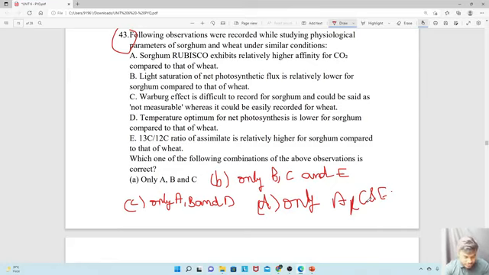Has everyone given the answer for question number 43? Oh, super. Sumaya, your answer for 43, dear? B. Think about it.